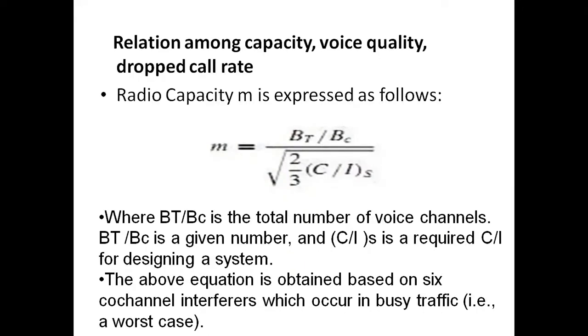The above equation is obtained based on 6 co-channel interferers which occur in a busy channel, that is, in a 7-cell reuse system. This equation is calculated at the time of busy hours.